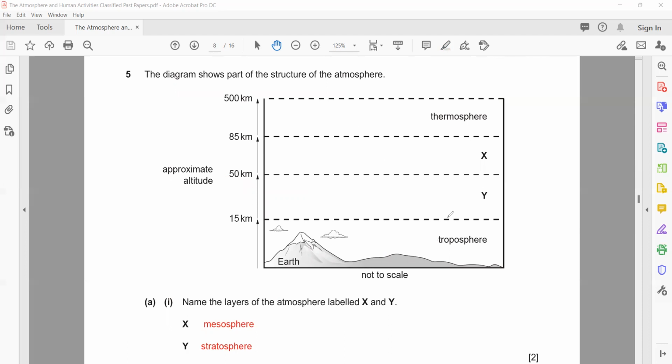For example, here troposphere, this is tropopause, the top layer. Then stratosphere, and this is stratopause. This is mesosphere, mesopause, thermosphere, thermopause. When you go to the notes, inshallah you'll understand, and you have to memorize them.